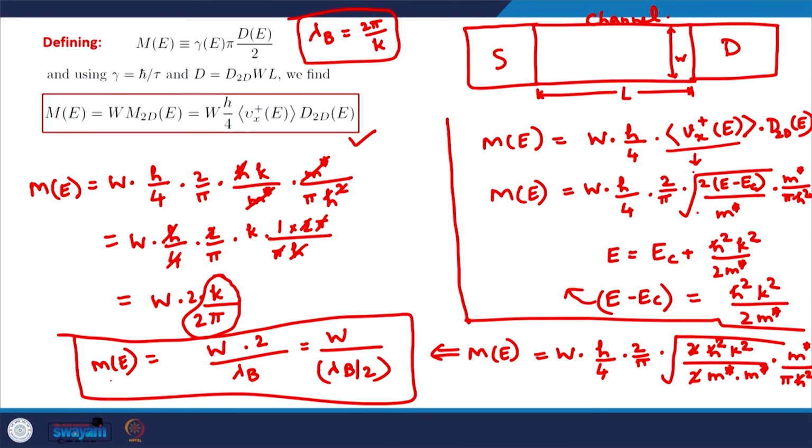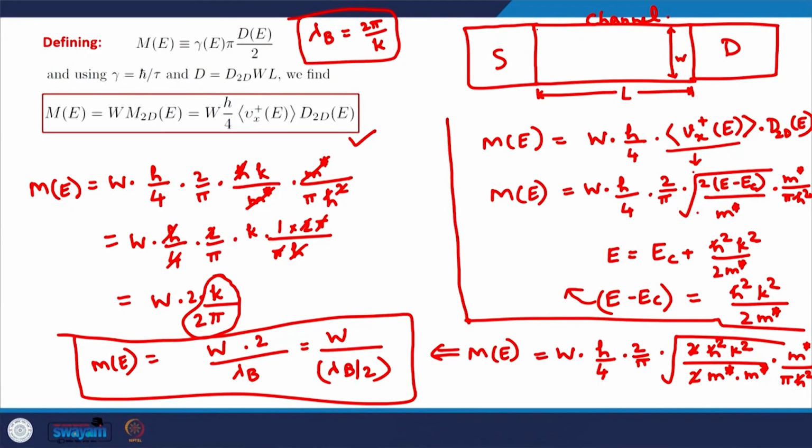And now this is an interesting result. What it says is that the number of modes in a device is essentially the number of half wavelengths that can fit into the width of that device. So, it is essentially this number of half wavelengths, where this is lambda b by 2.